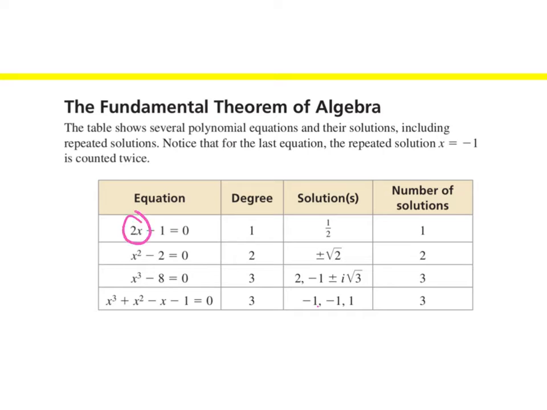So here, our highest degree is 1, so our number of solutions is 1. For the second one, our highest degree is 2, so our number of solutions for this polynomial is 2. Next one, our highest degree is 3, our number of solutions is 3. And then the fourth one, our highest degree is 3, so our number of solutions is 3.